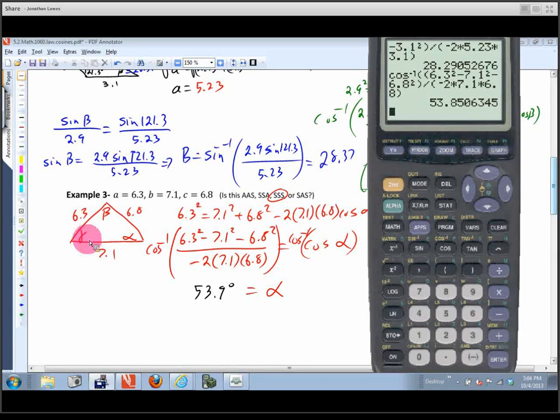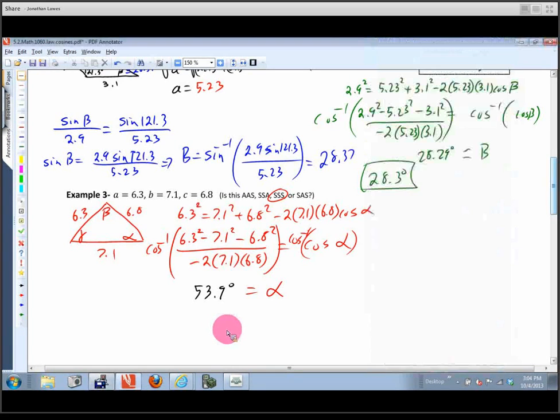Okay. Well, let's find gamma next. So in order to find gamma, here's what we do. I could go through and say, you know what, this one is 53.9 degrees. And now I've got a side and a corresponding angle, and I could use the law of sines.